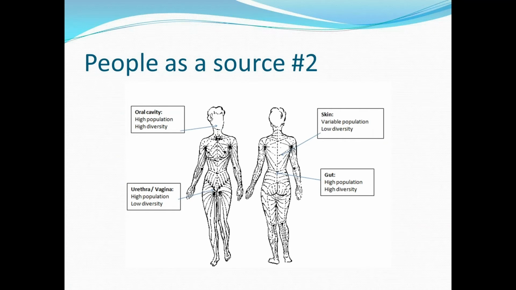The Human Microbiome Project has taught us that we are host to a considerable diversity of species. There's also variation between different locations on the body. Skin has a relatively low diversity, but it does have a high population. The variation also differs between individuals, and our own microbiomes change as we age.